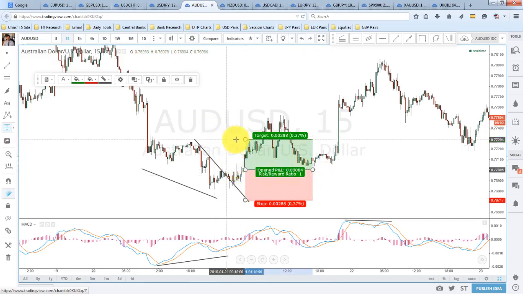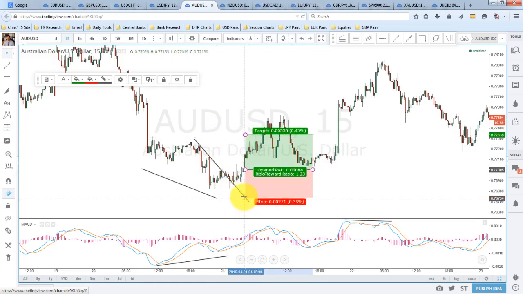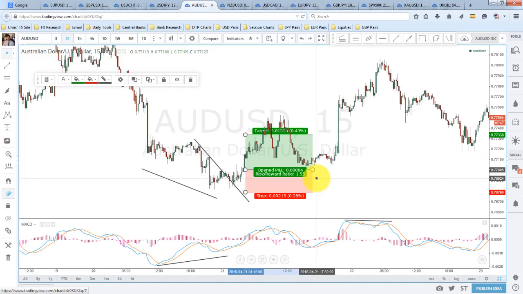And our target area on this trade would be that high right here. And our stop loss would need to go just below that low. So does that give us a good reward to risk on the trade? 1.55. So it's not 2 to 1, but you're still targeting more than you're risking. 1.55. That's not too bad. So I would say it's okay if you want to take that trade.